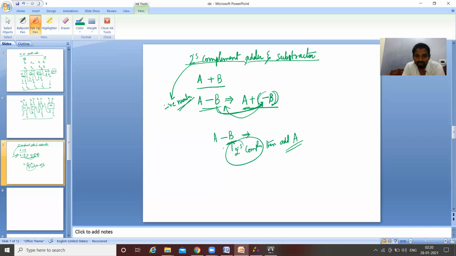So then how to convert any number into 2's complement? First, 2's complement is equal to 1's complement plus 1, which results in 2's complement. So this theoretical concept will be converted into circuits. Now see the next topic.